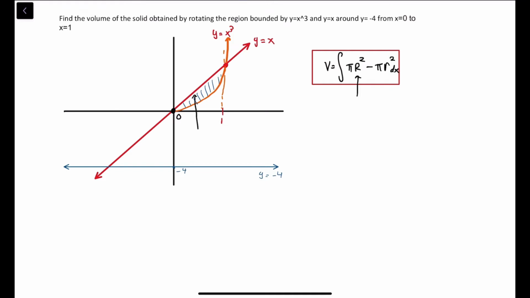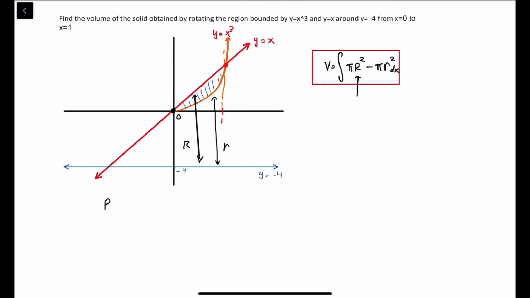So in our case, this would be capital R, this distance right here, and a lowercase r is this distance right here. The distance between y equals x and y equals minus 4 is the capital R because it's a longer distance than the distance from y equals x cubed to y equals minus 4.